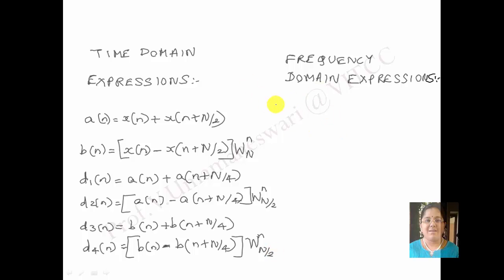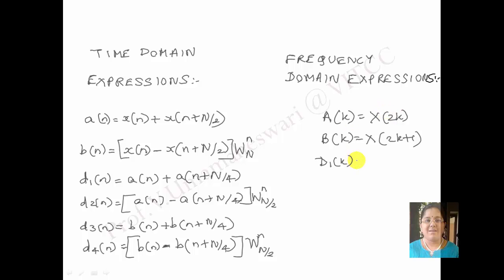Shall we start writing the frequency domain expressions? What are the frequency domain expressions? A of k is nothing but X of 2k. Do you remember? And B of k is nothing but odd samples of capital X of k, that is X of 2k plus 1. So that is why we have decimation in frequency. D1 of k will be what?